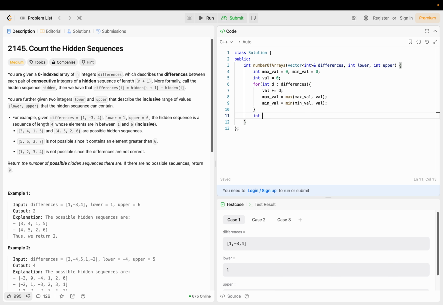and then we will have the difference diff1 equal to max val minus min val, and diff2 is upper minus lower, and if diff2 is less than diff1, then it's not possible, else return diff2 minus diff1 plus 1.